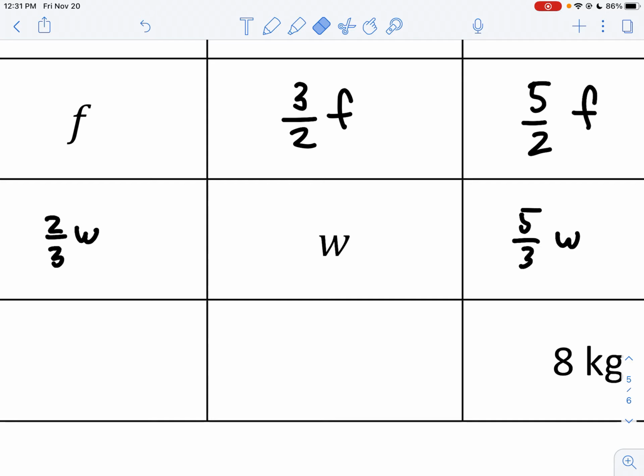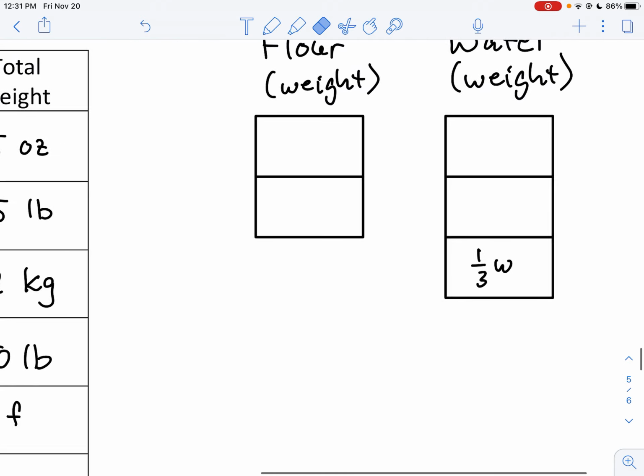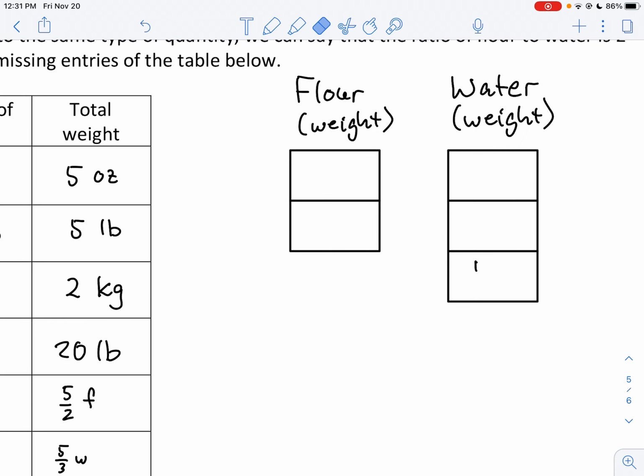And then finally, we have 8 kilograms total. We can use this image to help us with this. The total is 8. All of that is 8. Then there's 5 parts there. So break 8 into 5 parts, and you would have 8/5 per part.